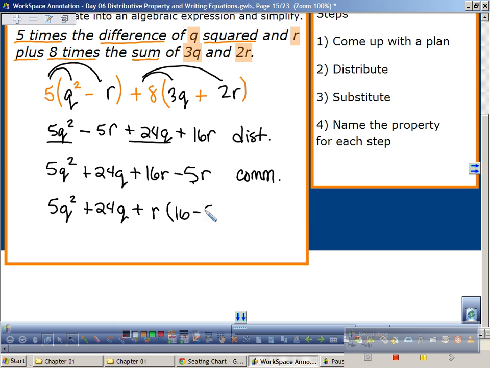16 minus 5. Do you see why I put the negative sign second now? What property was that? When I factored out an r, I took one from each one, right?